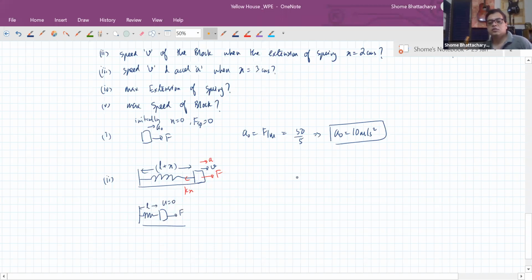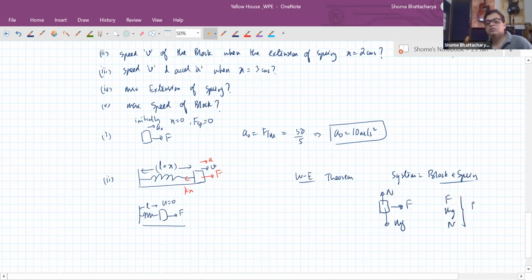So, work energy theorem. Take your system as the block plus the spring. On the block, F, mg and normal reaction are all external forces. Non-conservative force is not there.